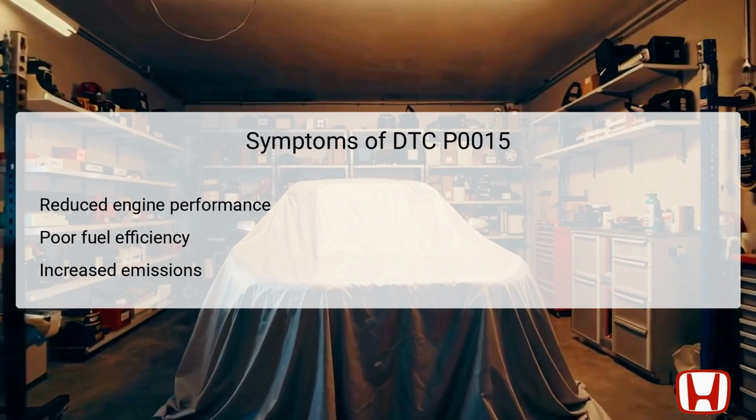Drivers may experience a variety of symptoms when DTC P0015 is present. Reduced engine performance is common. The vehicle may have a noticeable lack of power during acceleration. Additionally, poor fuel efficiency can occur due to inefficient combustion processes as a result of incorrect valve timing.